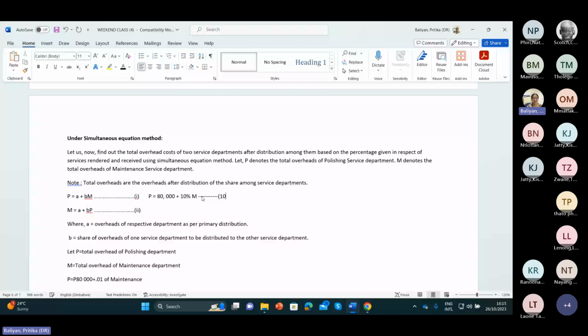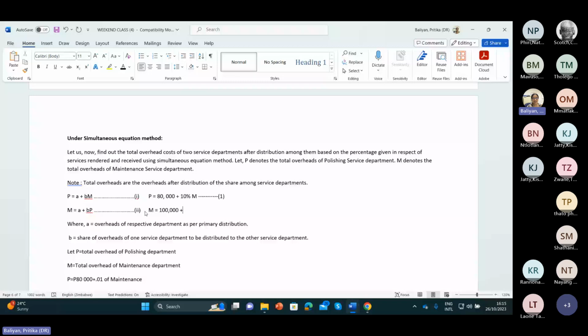And then the same thing, we will also calculate for M, because M denotes the total overhead cost of the maintenance department. It means that M is equal to the overhead cost after primary allocation plus we will get 5% cost from the polishing department.